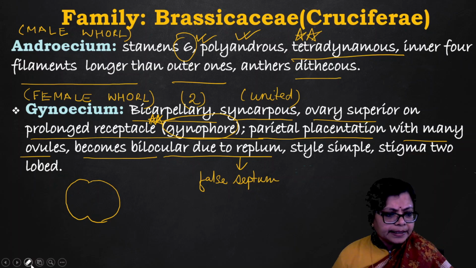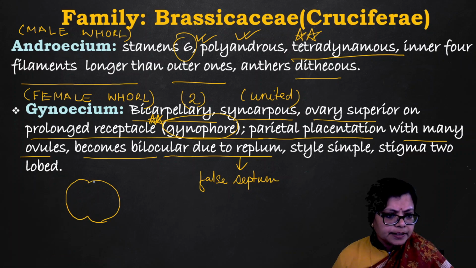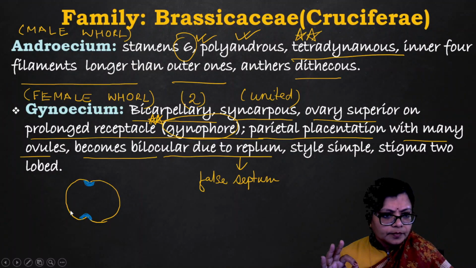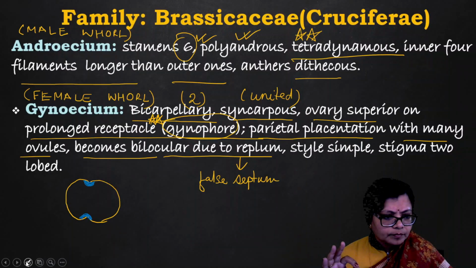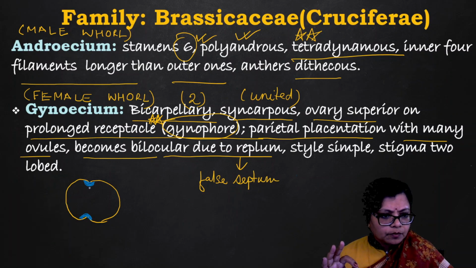Later what happens, from the placenta, here placenta is present this side, this represents placenta, here also placenta is present. And from the placenta the false septum develops. That means the false septum is the extension of the placenta.